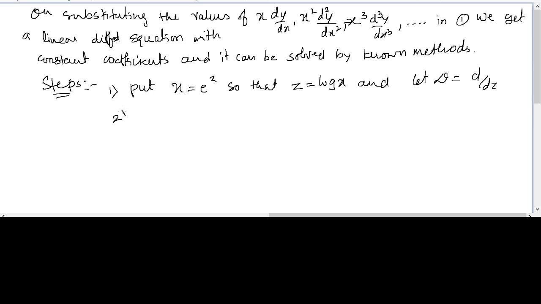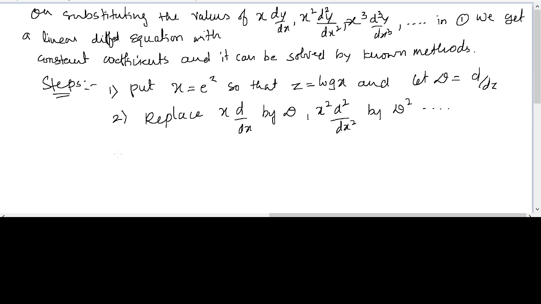Then in the second step we replace x into d by dx by D, x square into d square by dx square by D into D minus 1, and so on.